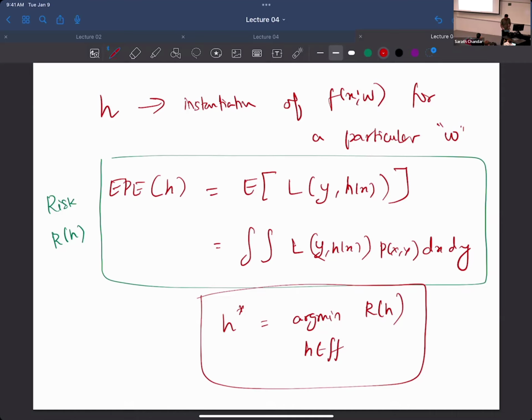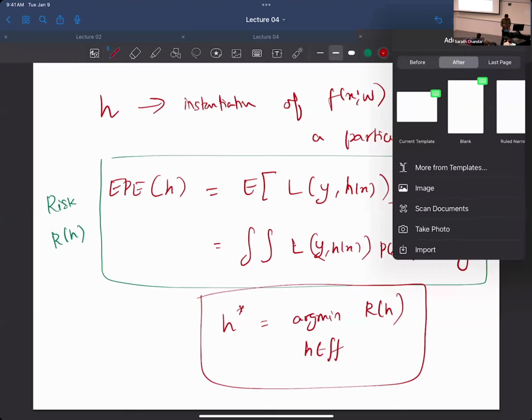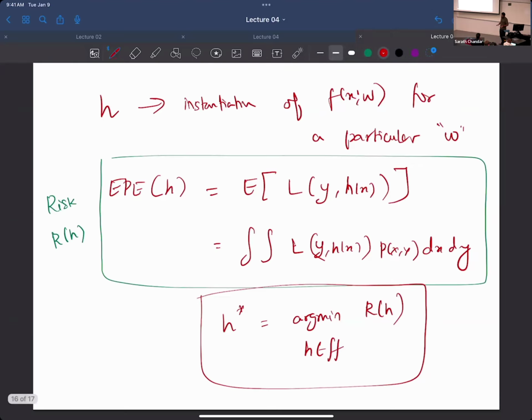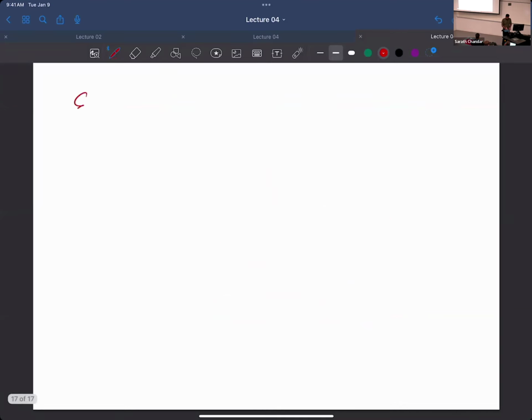Now, the second big approximation that we are doing is because I don't have access to this joint distribution or to infinite data that exists in P of x comma y, I'm going to minimize this function only for the n examples I got from the training set. Okay, so this is called the empirical risk.